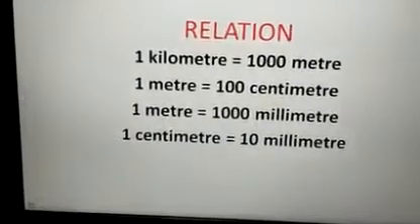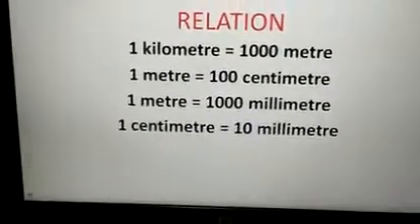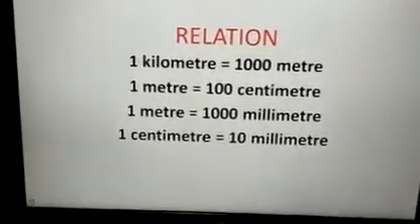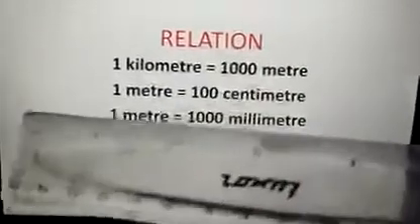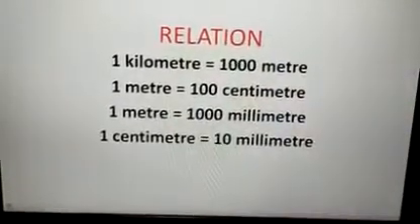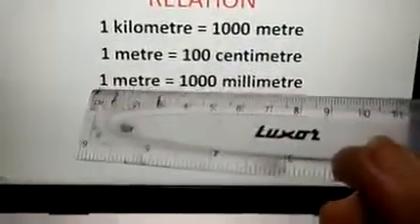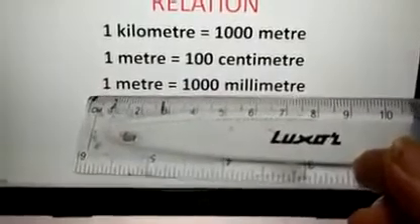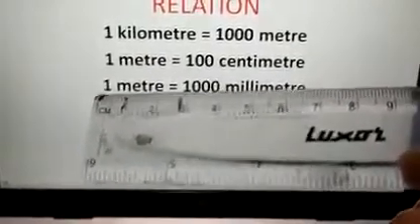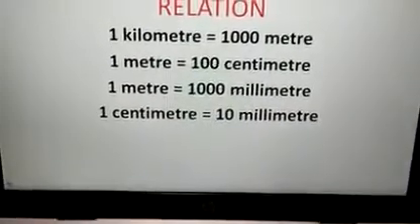Okay, now come to the chapter again. So by seeing the scale, now you can realize that millimeter is very small and centimeter is bigger than millimeter, and meter is bigger than centimeter, and kilometer is very big.